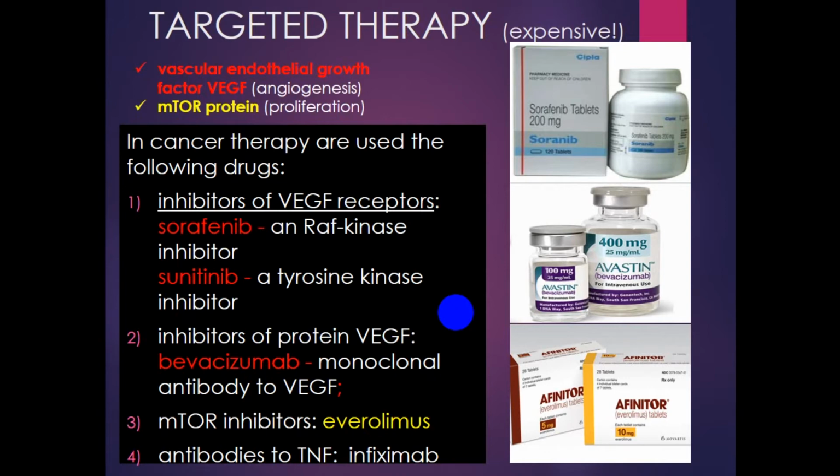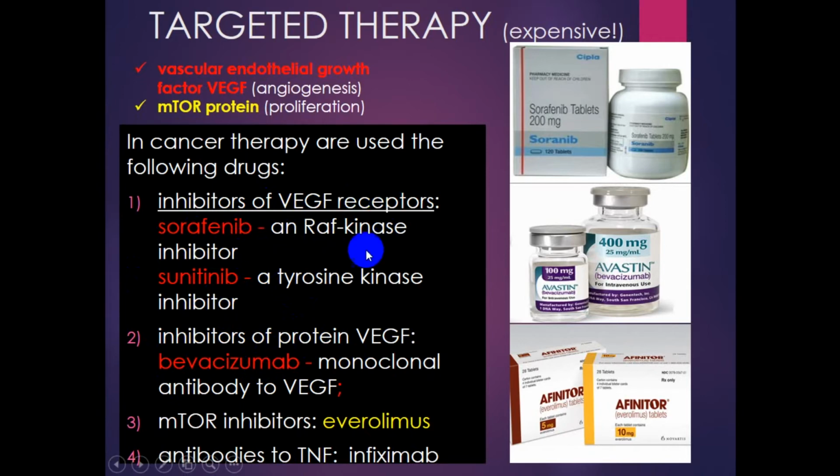In cancer therapy the following drugs are used. There are some groups. Inhibitors of VEGF receptors. It may be sorafenib, sunitinib. They include the action at RAF kinase inhibitors and tyrosine kinase inhibitors. The next group, remember about them, inhibitors of protein.